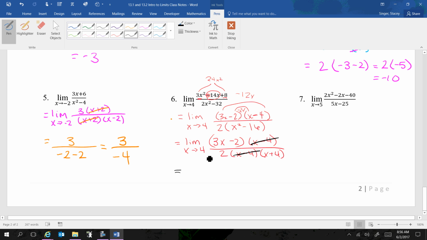So if I plug in 4, what would I get in my numerator? 3 times 4 minus 2, right? What would I get in my denominator? 2 times 4 plus 4, which gives me 12 minus 2, divided by 2 times 8, which gives me 10 over 16, which reduces into what? 5/8.